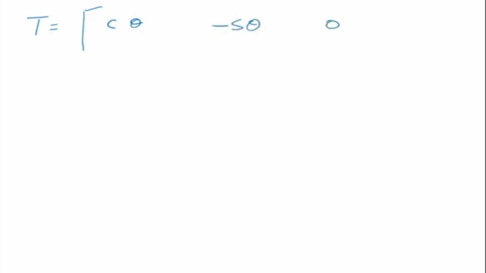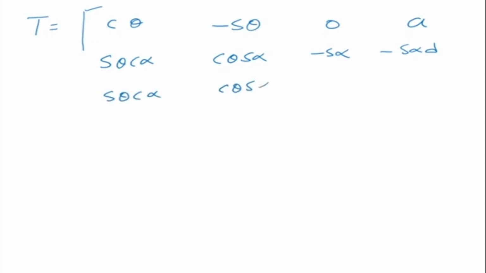Then we have 0, we have A, then we have sin theta cos alpha and cos theta sin alpha. Then we have minus sin alpha and minus sin alpha D, and here it is sin theta cos alpha, cos theta sin alpha, and here it is cos alpha, and the fourth one is cos alpha D. This is 0, 0, 0, 1.